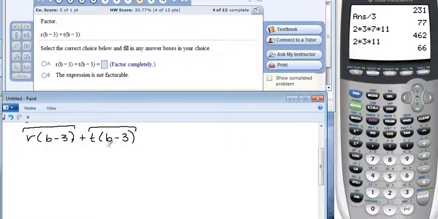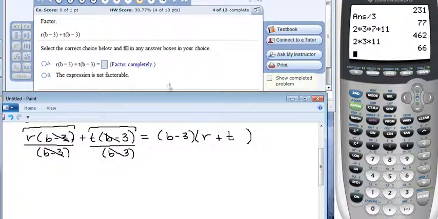And yes, I know the something has addition subtraction in there, but that's not what I'm talking about. I'm talking about this type. Okay, between these two terms, they have a b minus 3 in common, don't they? They both have a b minus 3 term. All right, so if that's my GCF, I'm going to divide through. I'm not changing anything. You see what's left. All right, b minus 3's are gone, so all that's left is the r. b minus 3's are gone, so I have a positive t left over.